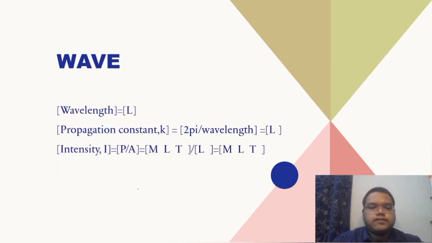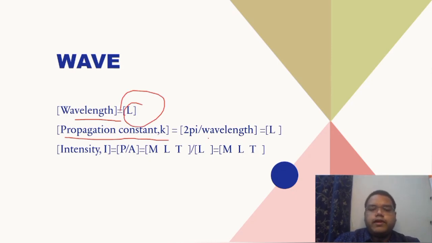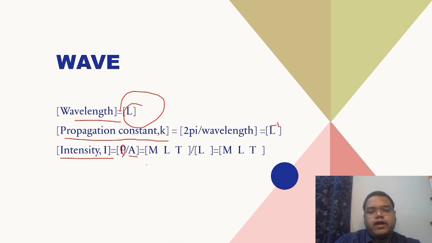Okay, next, wavelength will have the dimension of length. Propagation constant k will have the dimension of L inverse. Intensity I will have the dimension of P by A, power divided by area.